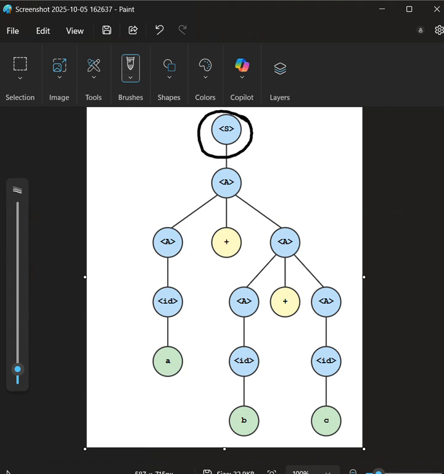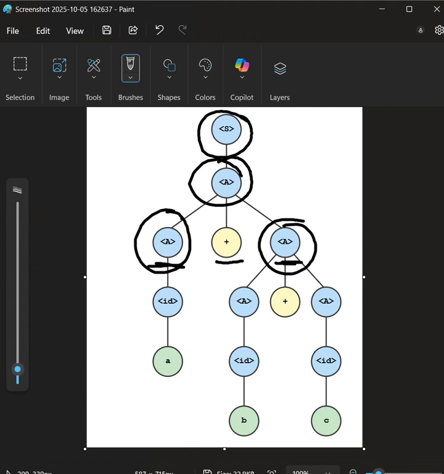We also start with S, and S derives to A using the rule S arrow A. So step 3, A derives to A plus A, using the rule A arrow A plus A. So now we have A plus A. And the next thing we do is we will expand the rightmost A. Since this is the rightmost, if you can still remember, in the leftmost we started to expand the left.